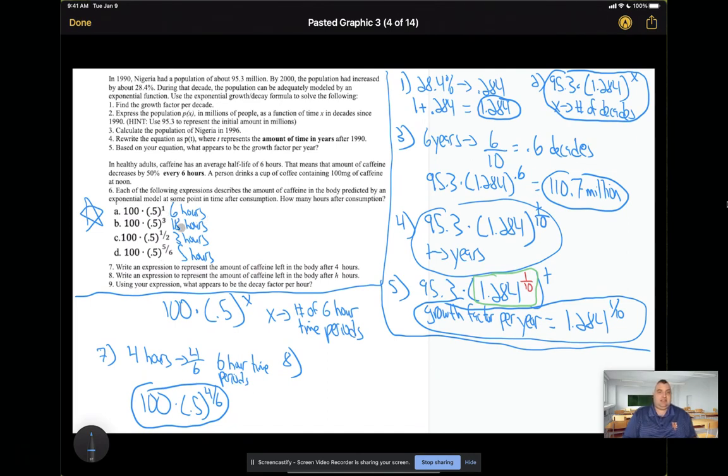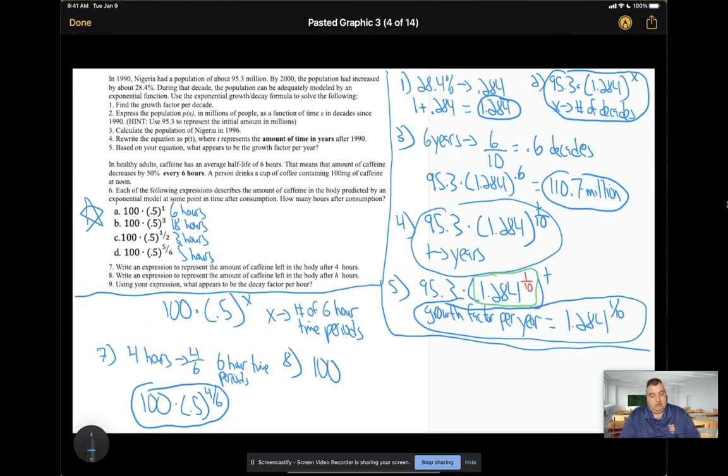When it was 18 hours, 18 divided by 6 is 3, so 3 was my x value. Down here, when it was 4 hours, I had to divide 4 by 6, and that was the value that I plugged in for x. So again, I'm taking the number of hours and dividing it by 6.